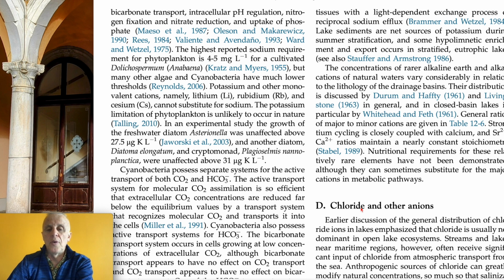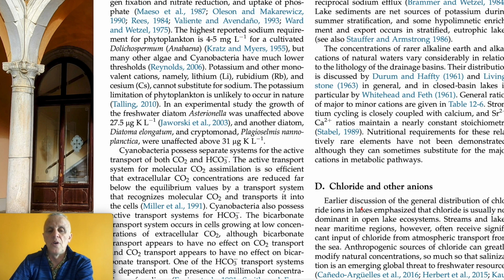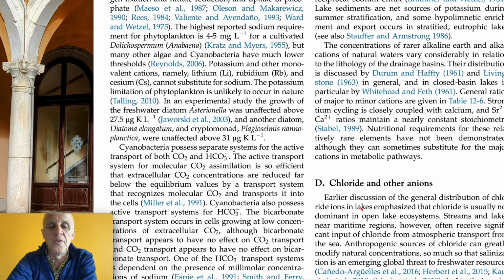The highest reported sodium requirement for phytoplankton is 4 to 5 milligrams per liter for a cultivated Dolichospermum, but many other algae and cyanobacteria have much lower thresholds. Potassium and other monovalent cations, namely lithium, rubidium, and cesium, cannot substitute for sodium. The potassium limitation of phytoplankton is unlikely to occur in nature.